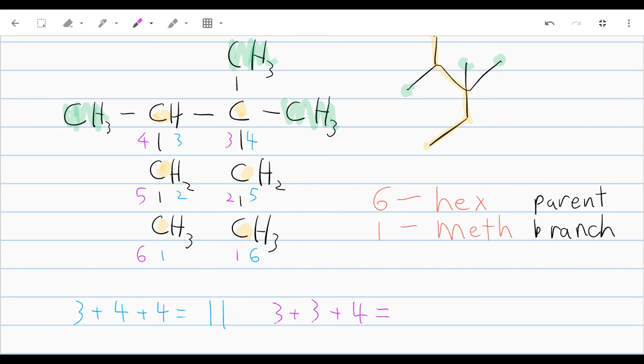That gives us a total instead of 10. So in this case, that means that the purple numbering scheme is our preferred numbering scheme, because that's going to give us a lower number for the branches than the blue one would.